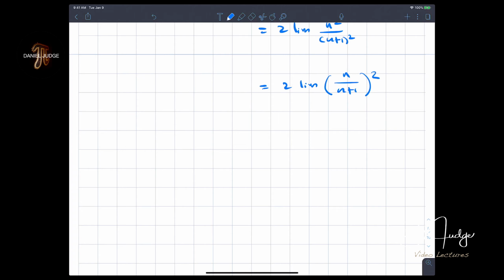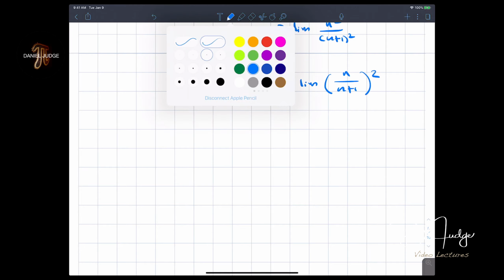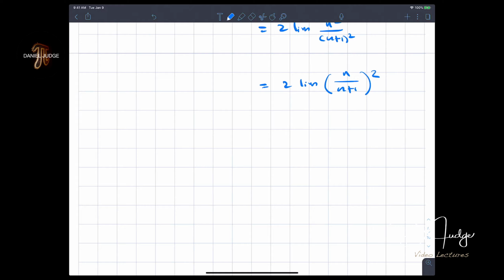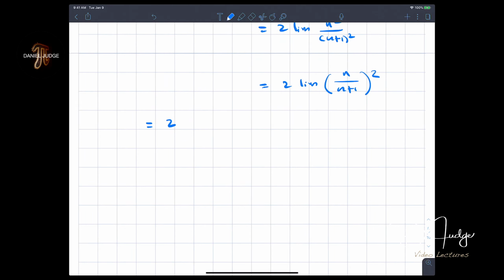Okay. And then I'm going to say, what is this? There's a couple of ways I can look at this here. Remember, this we can say is 2 times the limit of n over n plus 1, to that second power.